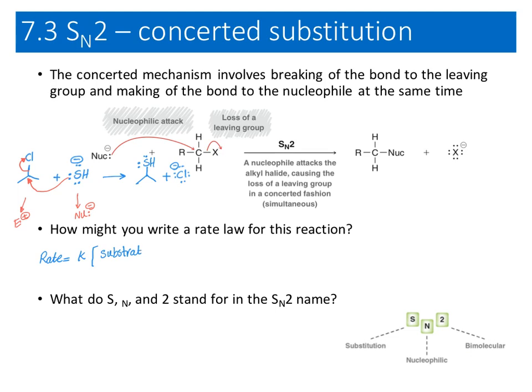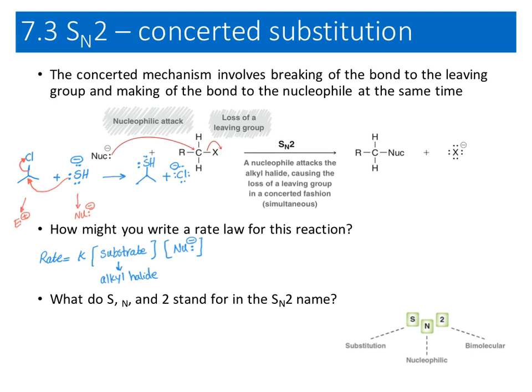So we can say the substrate here is alkyl halide, and the concentration of nucleophile. So if we double the concentration of the alkyl halide, the rate will be doubled. And if we double the concentration of nucleophile, the rate will also be doubled.